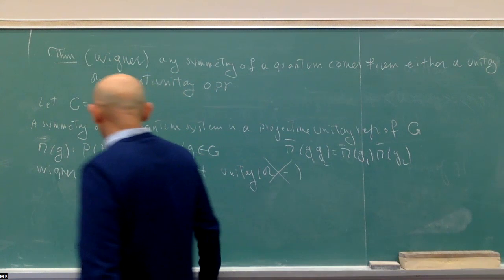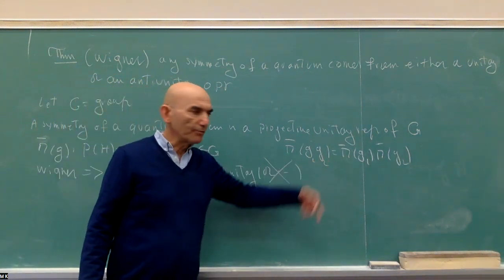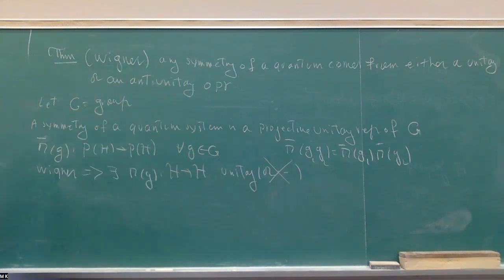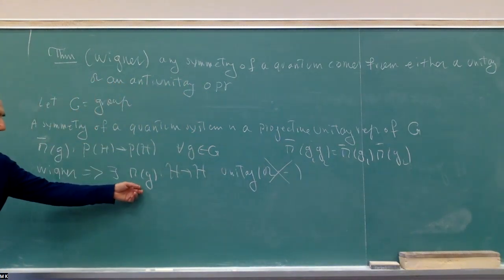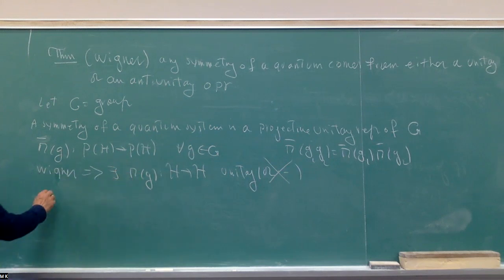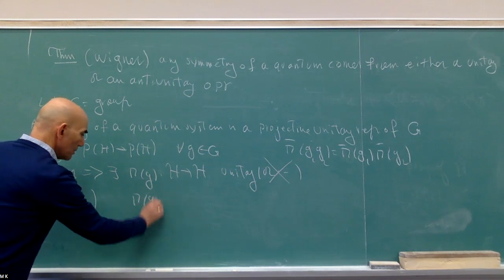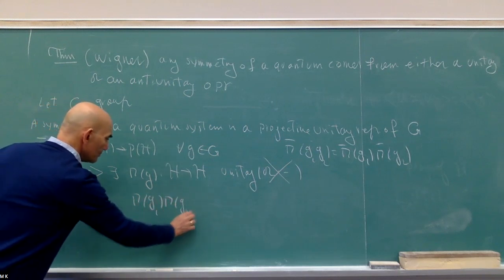It should be that this obvious representation condition holds. Now, imagine for each G you have picked this pi G. Now the question is, what is the relation between pi of G1, G2 and pi G1, pi G2?